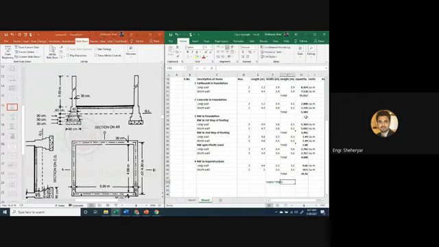So how can you calculate the grand total of brickwork?